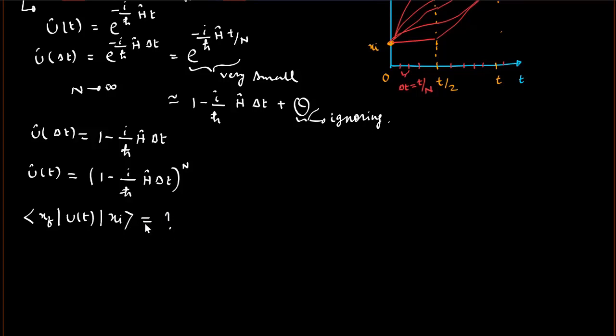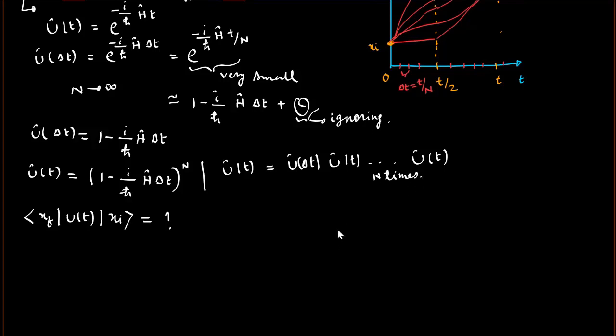I can calculate this, but before this let me just mention one more thing, that we have U of t equal to U of delta t, U of delta t, dot dot dot, U of delta t, and here it is n times.